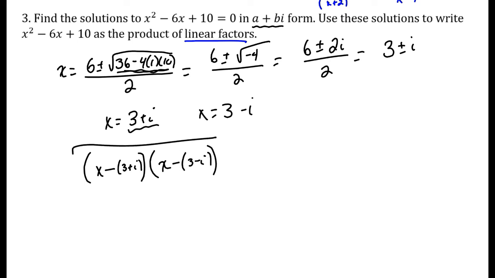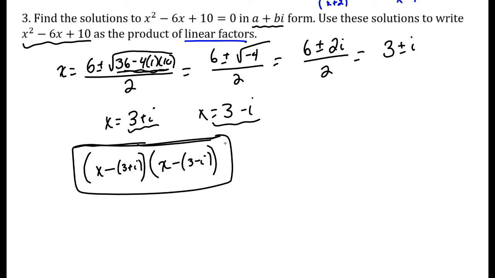If I was to multiply those two expressions together, I would end up back at x squared minus 6x plus 10. So we can use the quadratic formula to get our zeros and use that relationship between the zeros and our factors to be able to factor really any polynomial over the complex numbers in this way.